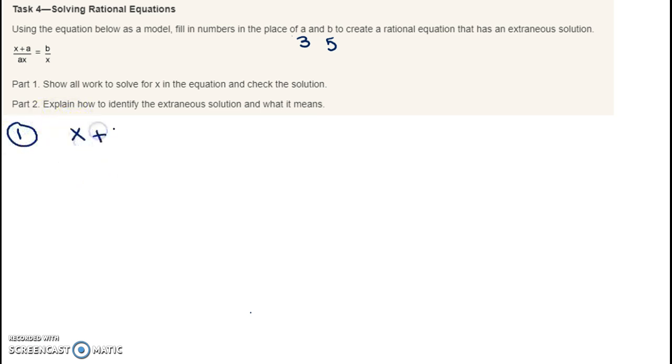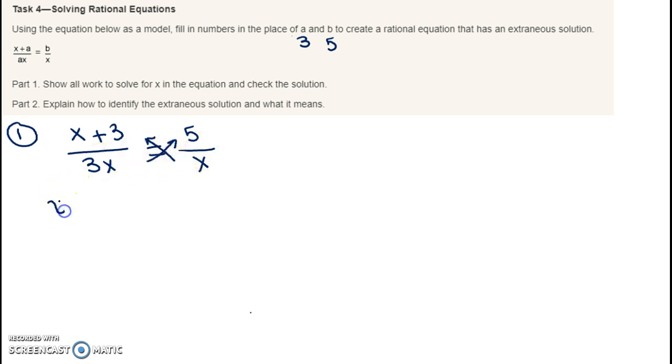x plus 3 over 3x equals b over x. In this case, it's 5 over x. And then the first step, once we have our equation set up, is we're going to cross multiply.